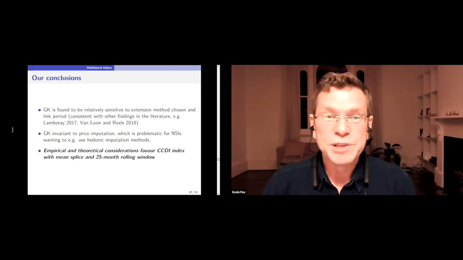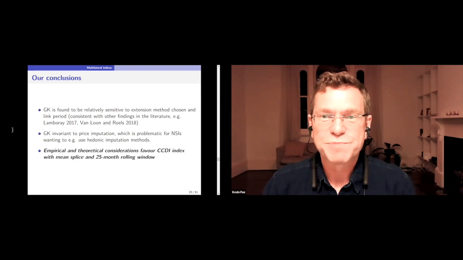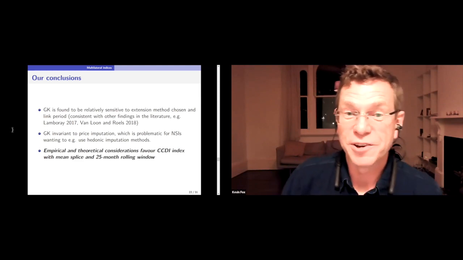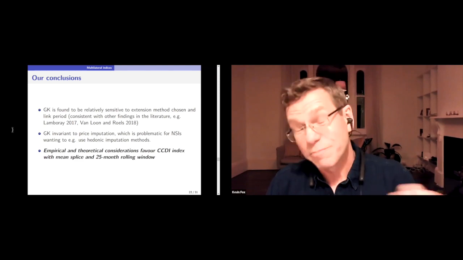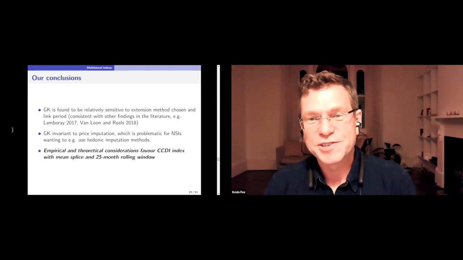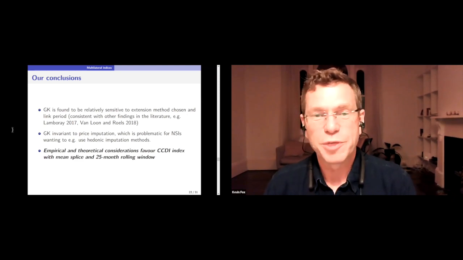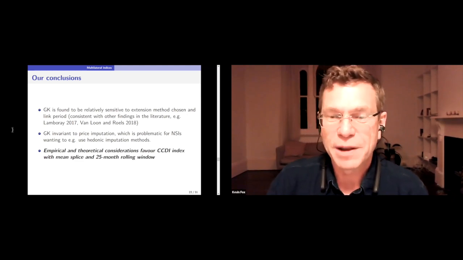And Gary-Khamis, as we noted, is invariant to price imputation, which is problematic for NSIs wanting to use hedonic imputation methods, for example. So empirical and theoretical considerations lead us to favour the CCDI index, GEKS-Törnqvist, with the mean splice and a 25-month rolling window.